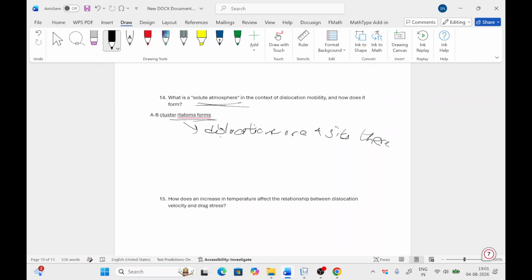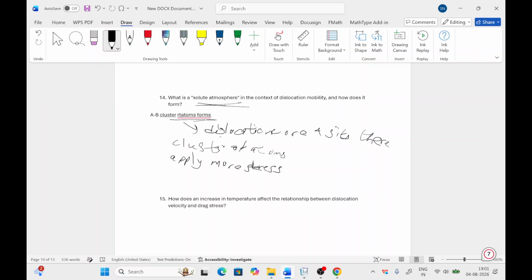So if we want to deform our material, we have to apply more stress to break the cluster of atoms and to move the dislocation further.